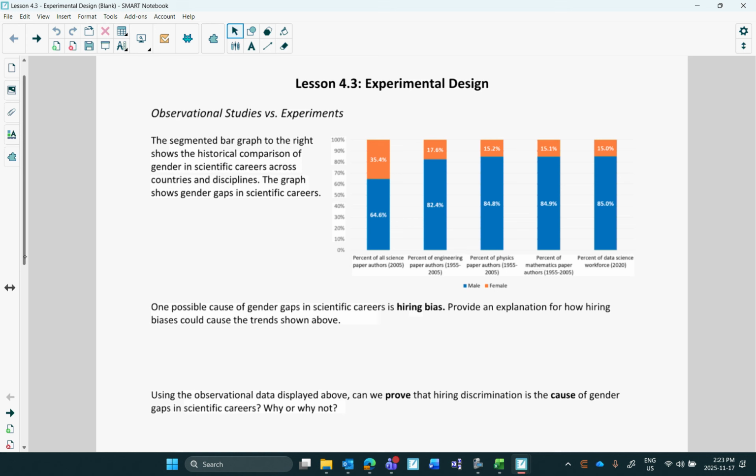It gets worse when we go to engineering papers, even worse when we go to physics, and slightly worse when we go to mathematics. And this last one talks about the percent of people in the data science workforce. You can see that 85% are male, 15% are female.